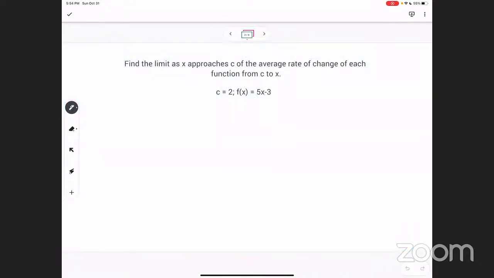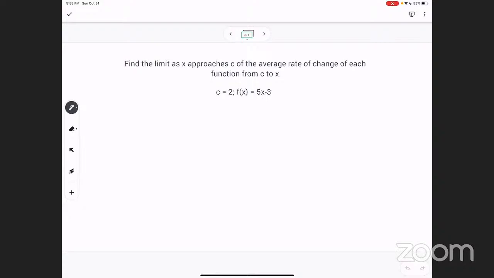Next question says, find the limit as x approaches c of the average rate of change of each function. This was how it was written in our textbook. They worded it really weirdly.